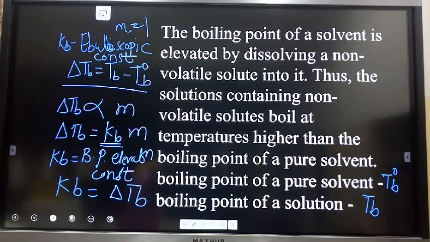Therefore, the ebullioscopic constant is the boiling point elevation produced by a 1 molar solution.